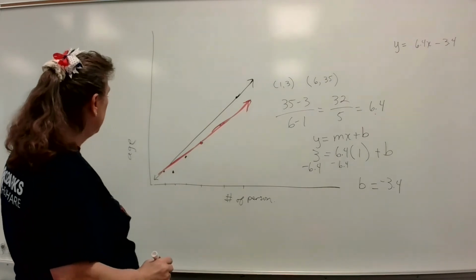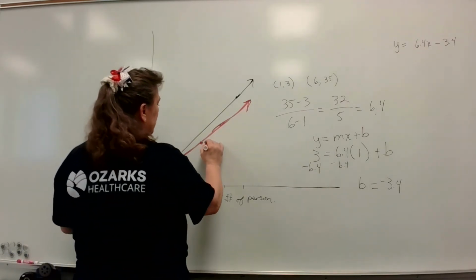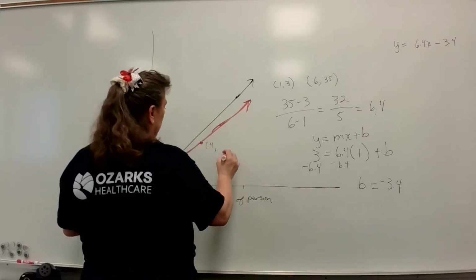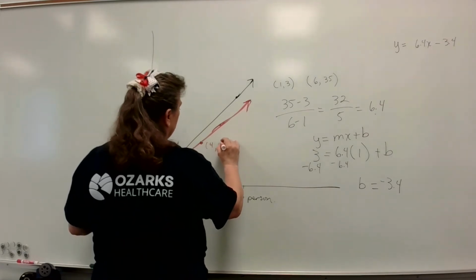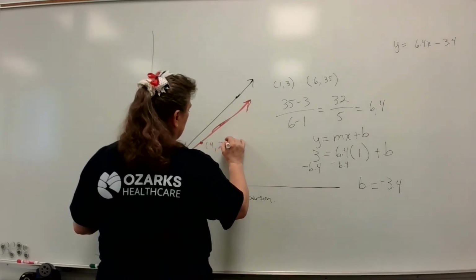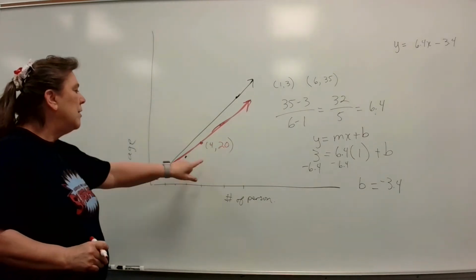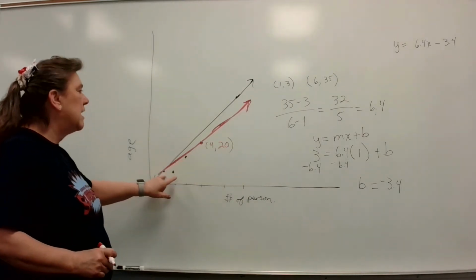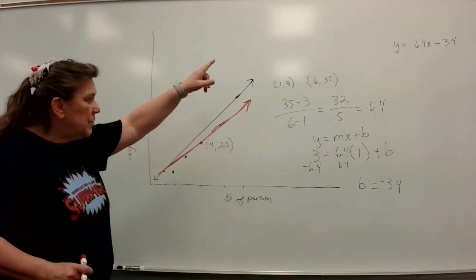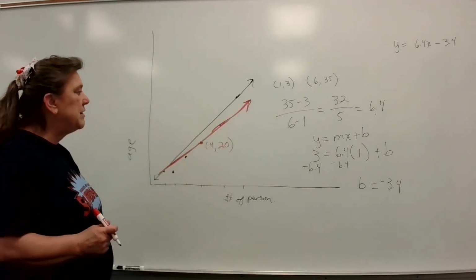I don't remember what that one was, but it's 4 something, maybe 415, 420, I don't remember. Okay? So now we're going to find the slope of this line. And again, we'll do the same process we just did with the first one.